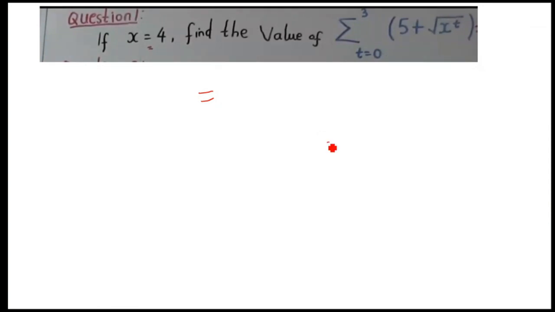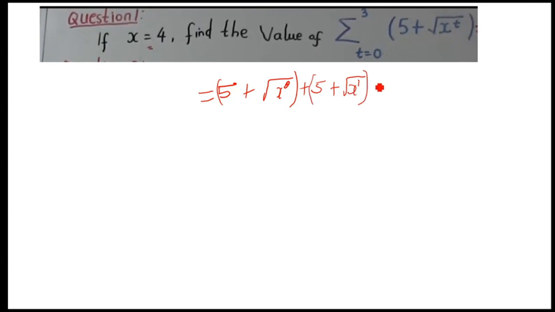You are going to have 5 plus square root of x to the power 0, because you have to start with t is equal to 0. And then your next value is going to be 5 plus x to the power 1.